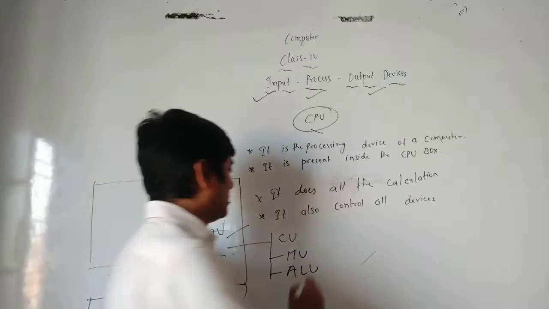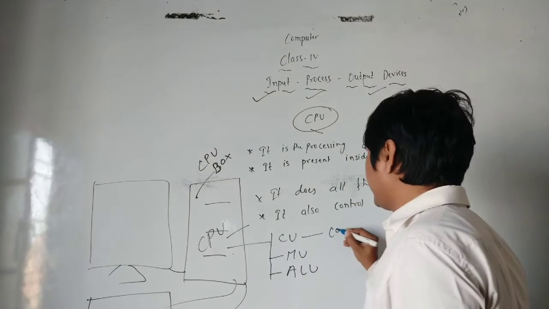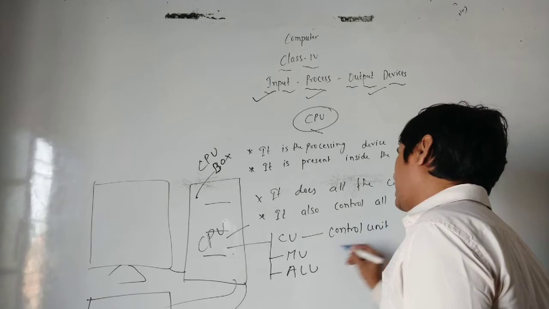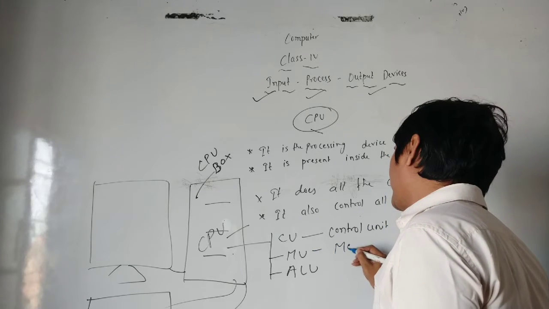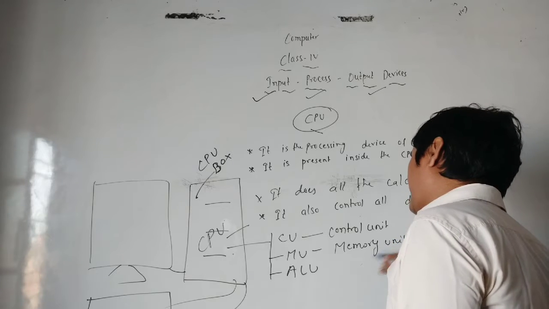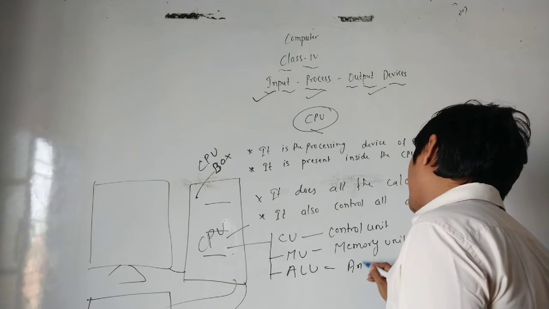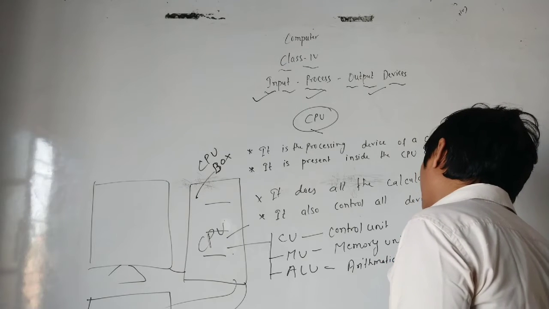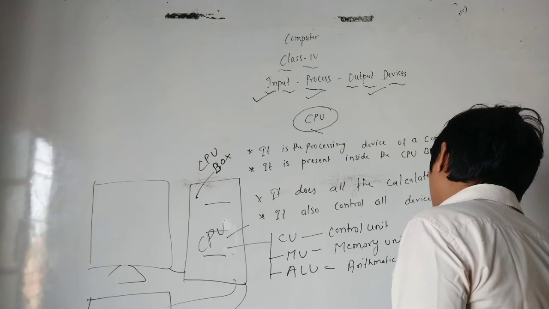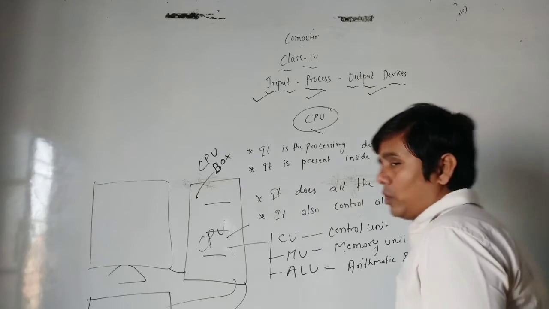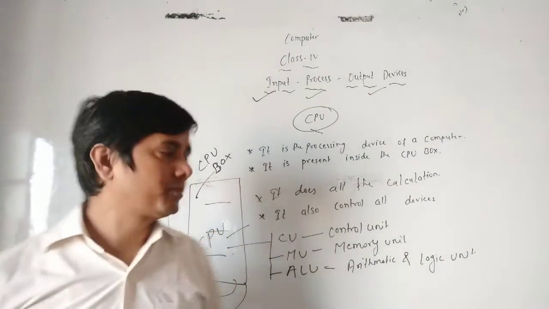CU means control unit, MU means memory unit, and ALU means arithmetic and logic unit.